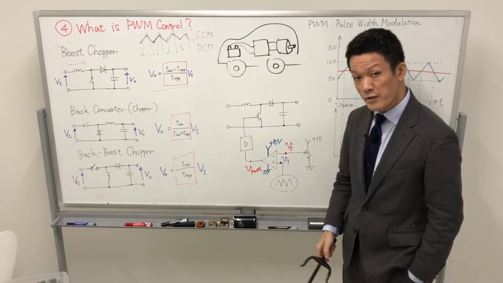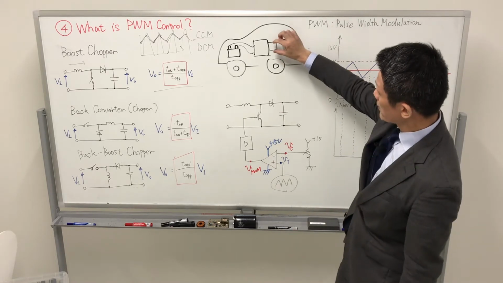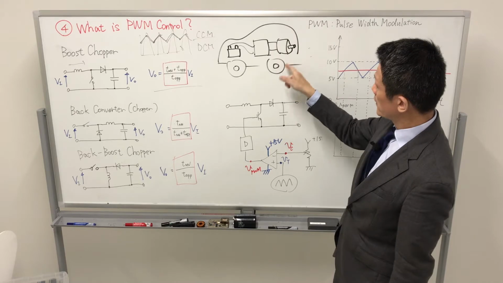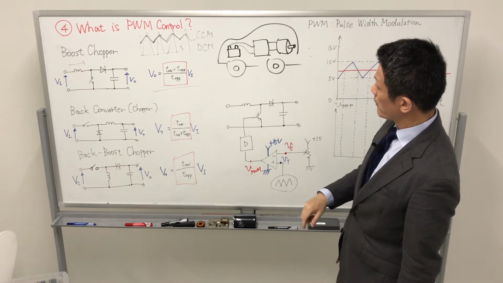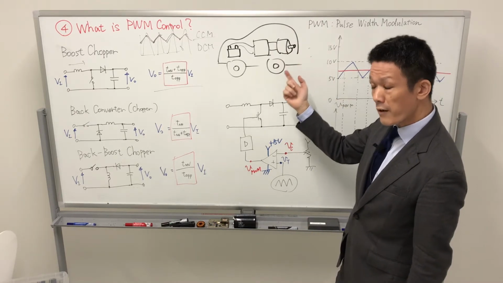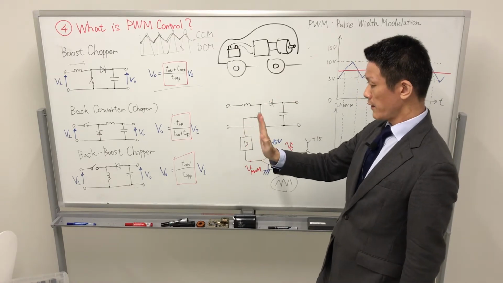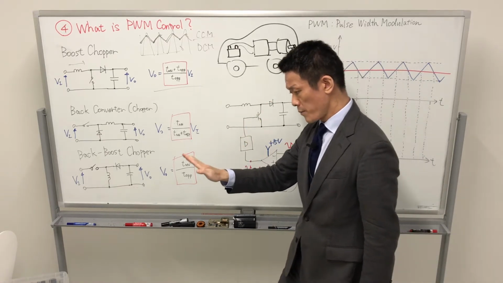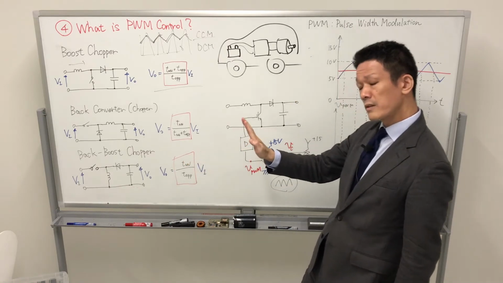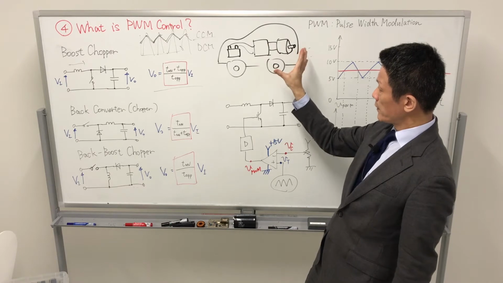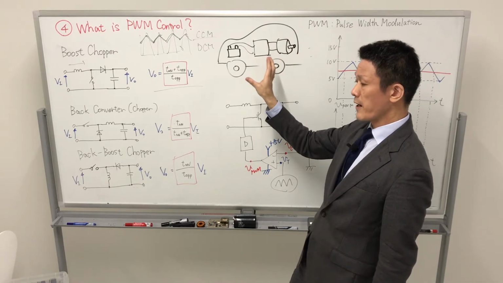In the case of the DC motor, when the voltage value changes, the power and speed change. So we will discuss how the EV's speed can be controlled by the acceleration open or closed.